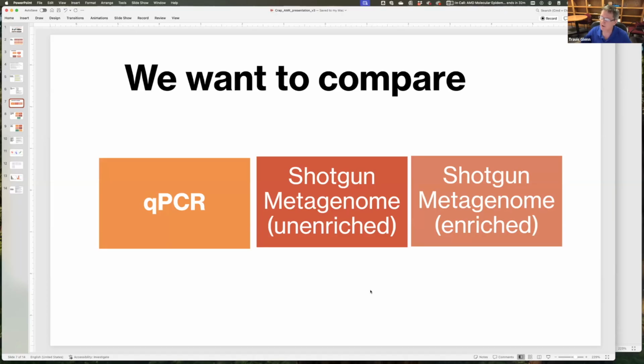And in particular, what we're going to be doing is looking at qPCR results versus the shotgun metagenomics, so the unenriched libraries. And then we'll take those same libraries and enrich them, doing hybridization capture of all of the genes that were in CARD.